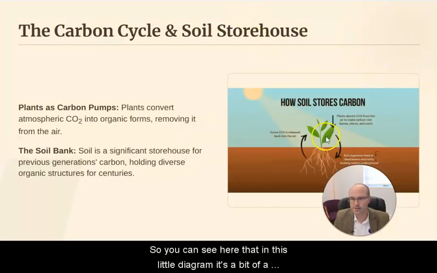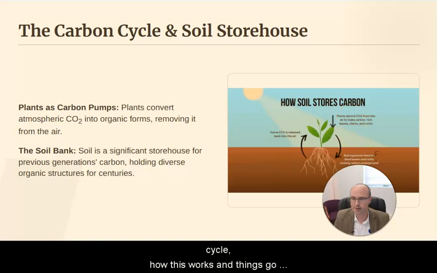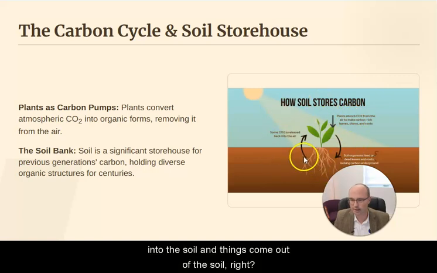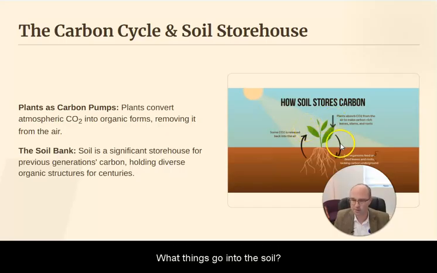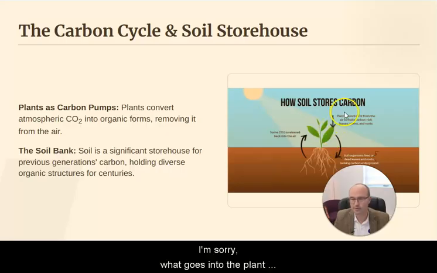You can see here in this little diagram that it's a bit of a cycle. Things go into the soil and things come out of the soil, right? What things go into the soil? Well, what goes into the plant versus what goes into the air is important as well.